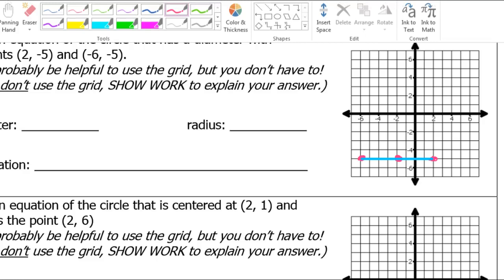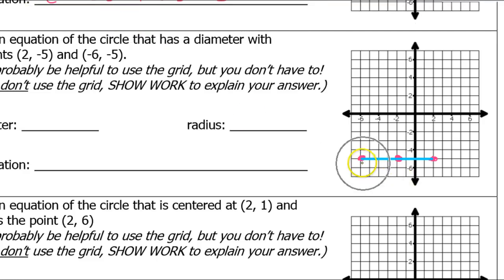Because understand this, guys, when they say this is the diameter, remember, here's just the roughest of sketches of this thing. The diameter goes from one side of the circle to the other through the center. So the midpoint of the diameter is always going to be the center of the circle. Now, what are the coordinates of that center? Negative 2 comma negative 5.